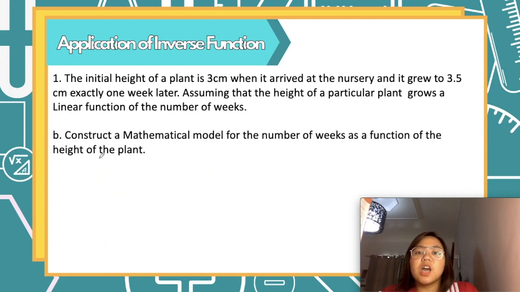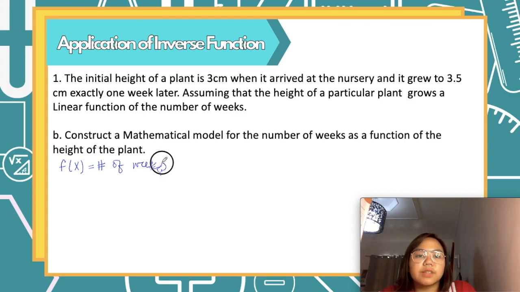Next, letter B. Construct a mathematical model for the number of weeks. So meaning our f of x here is the number of weeks. This time, the number of weeks naman po, as a function of the height of the plant.